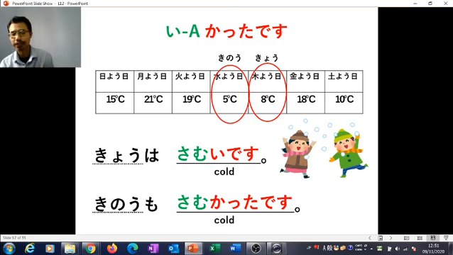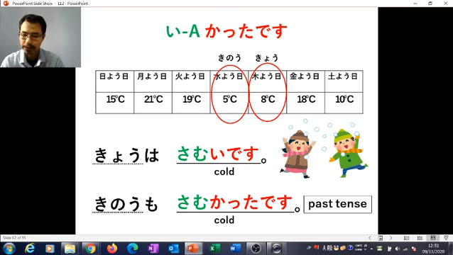What you need to do here is first delete the i here, and after you remove the i, you put katta inside your vocabulary word. That's why it changes from samui into samukatta. This is how you change i adjective into past tense form.